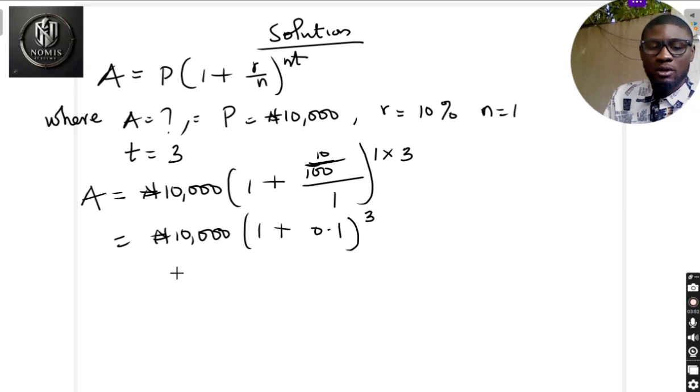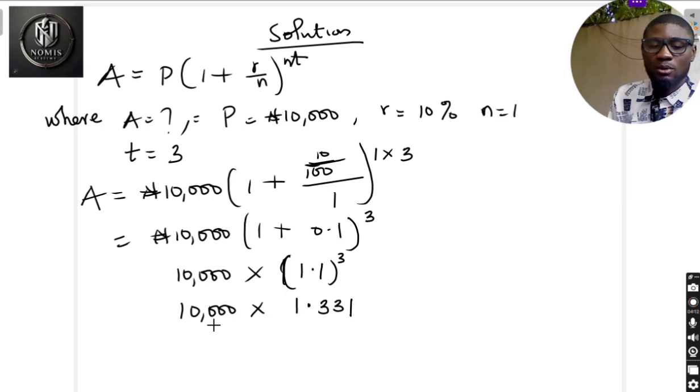So we have 10,000 multiplied by 1 plus 0.1. That is 1.1. So in our bracket, 1.1 raised to the power of 3. 1.1 raised to the power of 3 is 1.331. So that's 10,000 multiplied by 1.331.